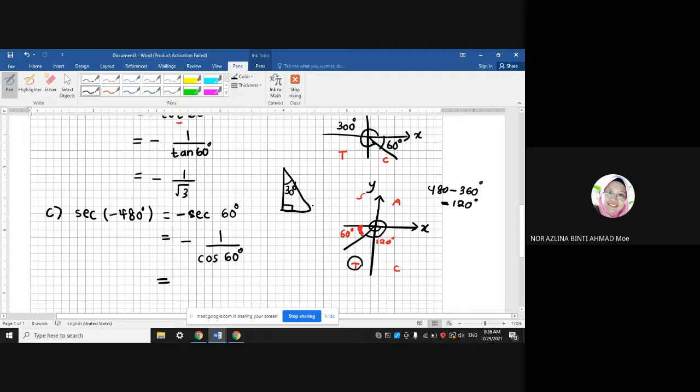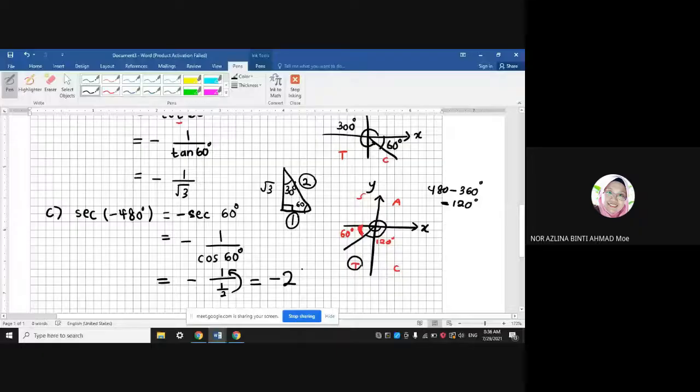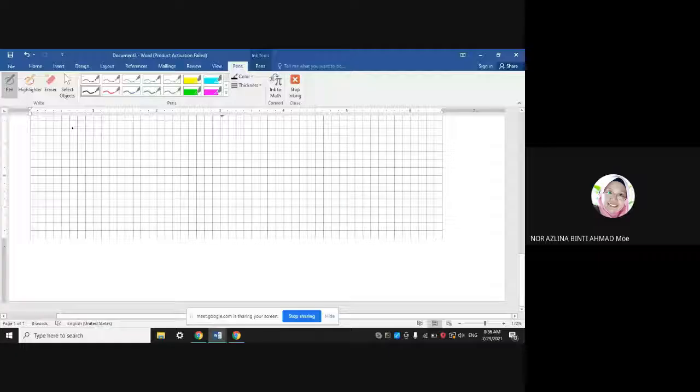ASTC. Okay, sekarang kita tahu ini berapa reference angle kita. Ni reference angle. So kalau sini 120, balance sini 120. Baki sini adalah 60 darjah. Reference angle dia 60 darjah. So ini second.